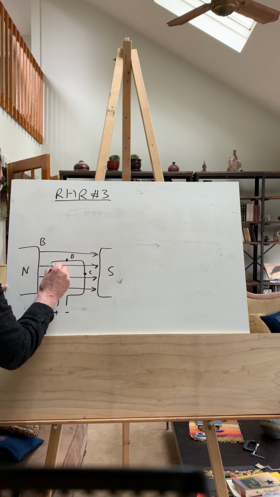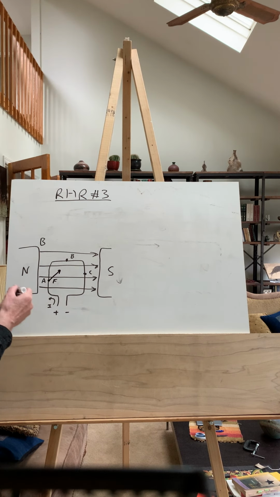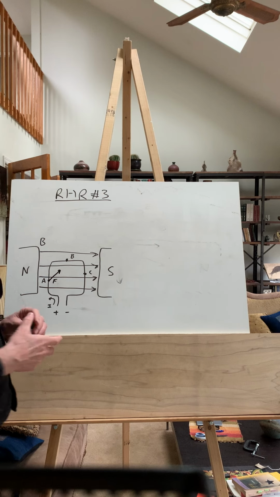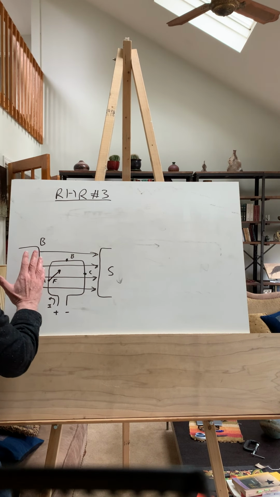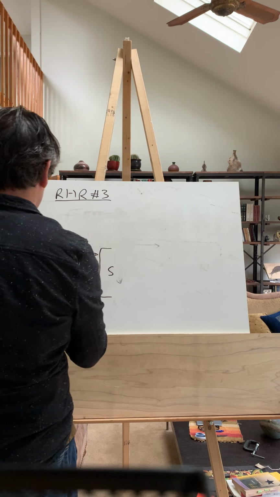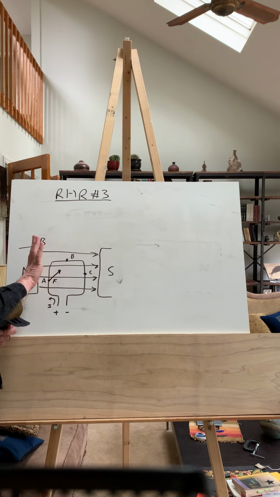So let's imperfectly represent that like that. There's another version of the right-hand rule in which you put your fingers in the direction of the current and then you wrap your fingers in the direction of the field, your thumb indicates the force. But again, we get the same result, into the page.